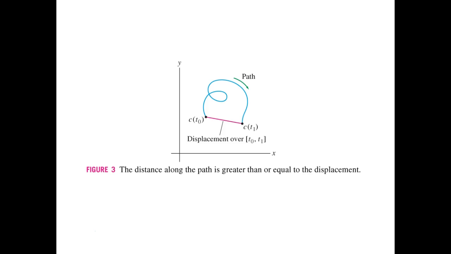Your displacement is from your original to your final position, shortest distance, straight line. So the only way that your actual distance is going to be the same as that is if you are moving in a straight line. Any other way you're moving, you're going a greater distance than you would for a straight line. So the distance along a path is greater than or equal to the displacement. Always. Okay?